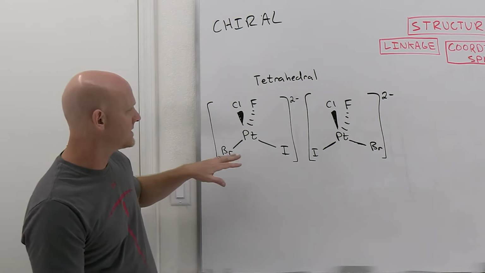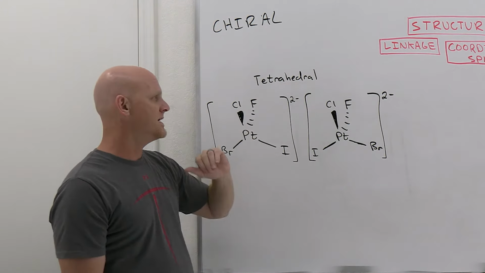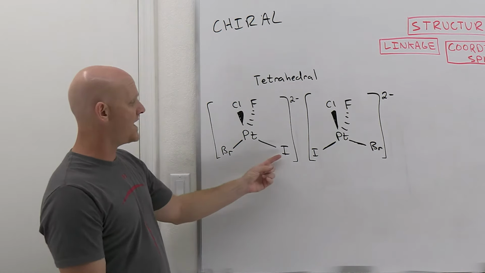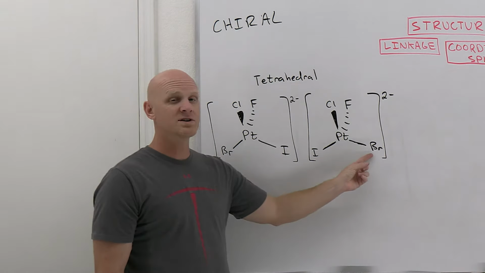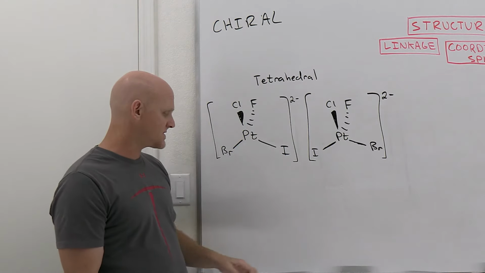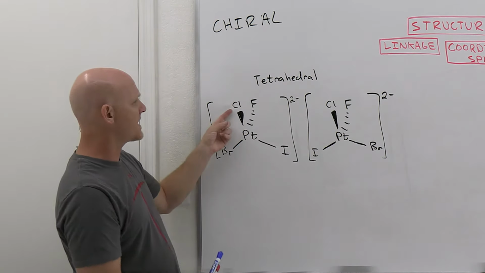If you take a look here, these are perfect mirror images just reflected right across a mirror plane. And you might be like, wait a minute, Chad, that doesn't look like mirror images. But they are. Notice the iodine here's on the left, here it's on the right, here the bromine's on the left, and here the bromine's on the right. But again, don't forget what these wedged bonds and dashed bonds mean. The chlorine's not on the left of the fluorine.